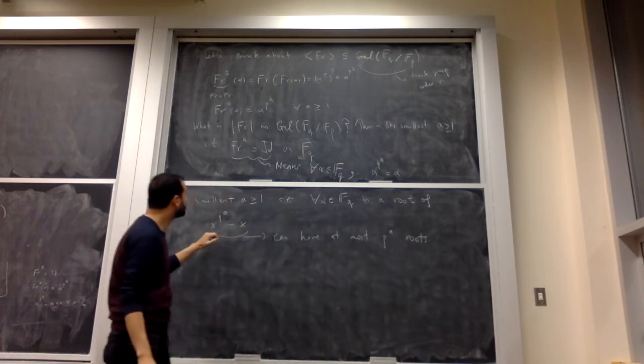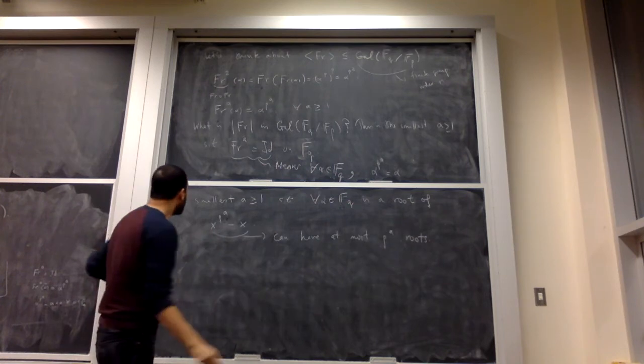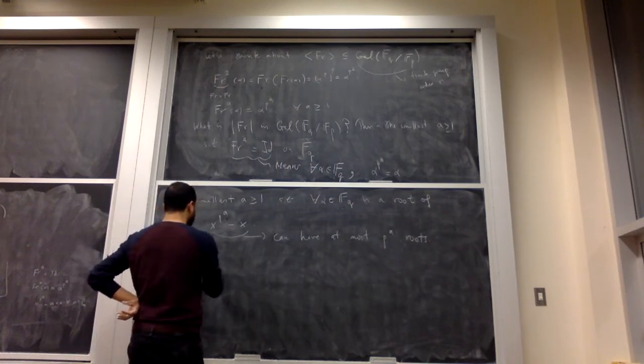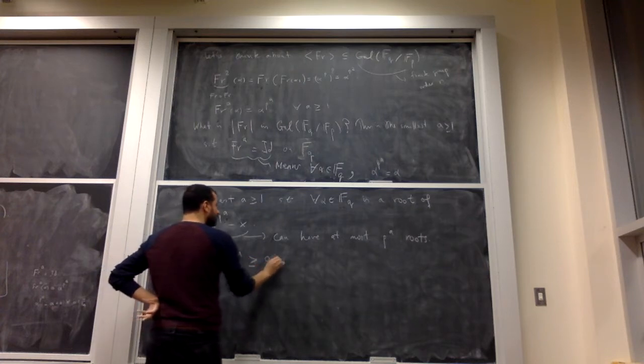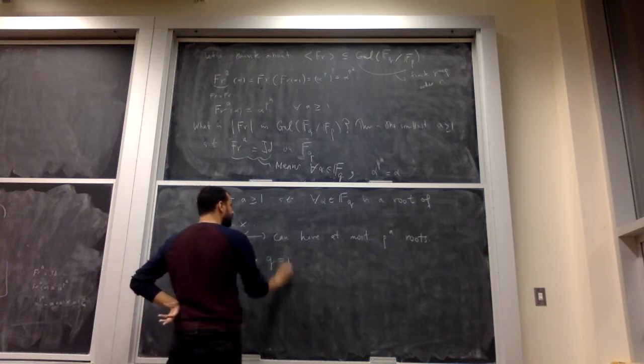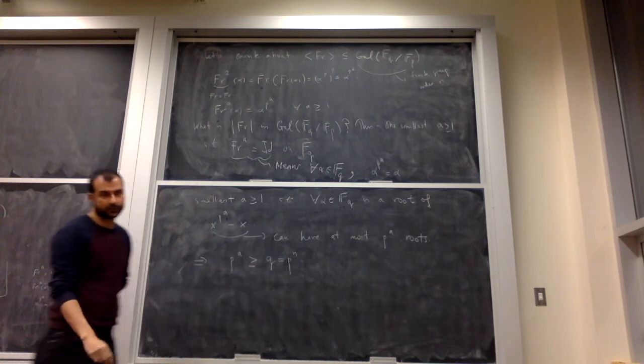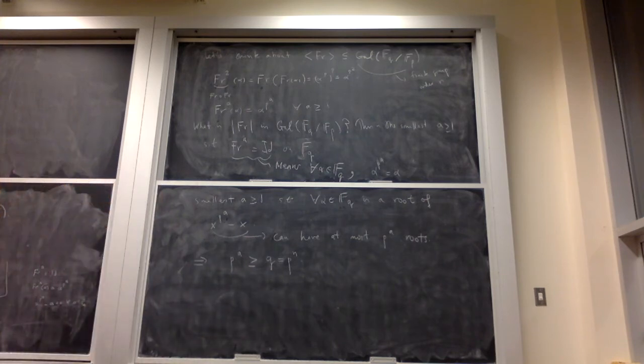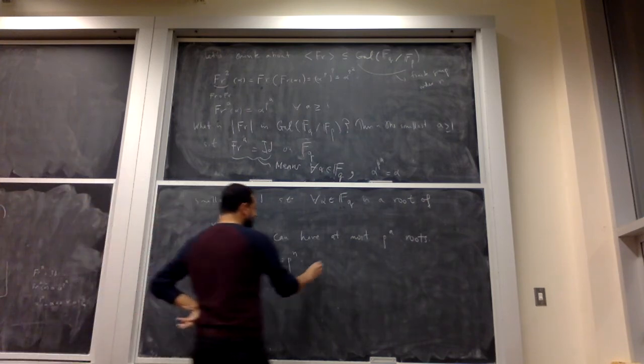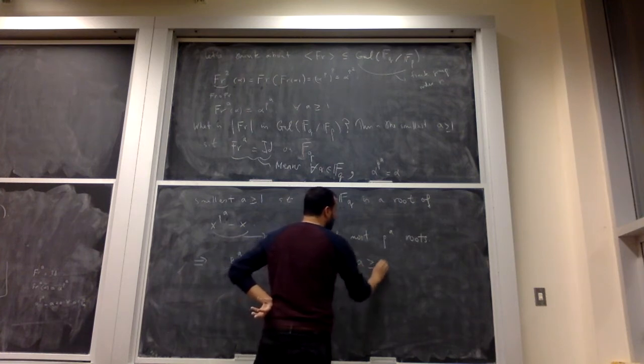So we want it to have at least q roots, which is to say we must have p to the power of a bigger than or equal to q, which is p to the power of n. So a is greater than or equal to n.